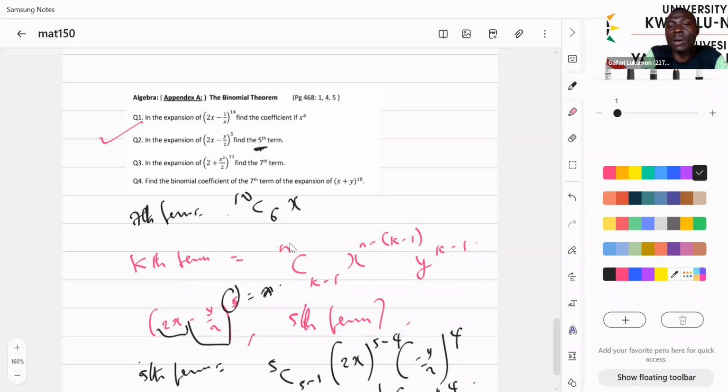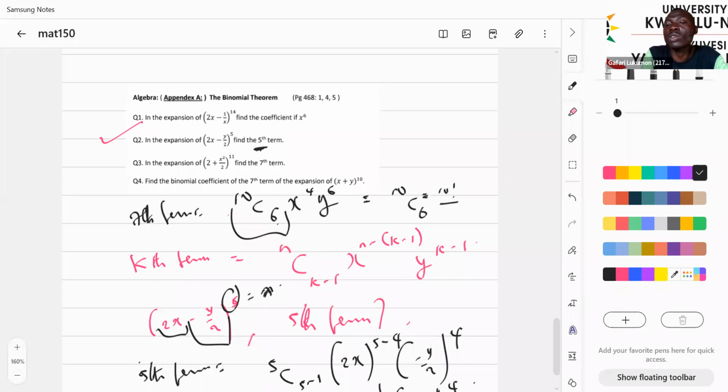Then s is raised to the power 10 minus 6, that is 4, and y is raised to power 6. If they ask you to find the term directly, it will be 10 combination 6, s raised to power 4, y raised to power 6. But if they ask you to find the coefficient of the 7th term, that is 10 combination 6 alone.